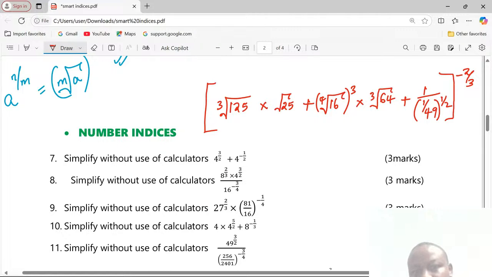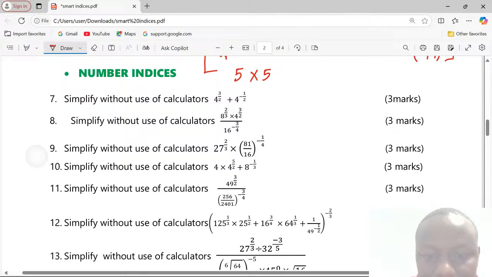I think we can continue interpreting. The third root of 125 is 5, because 5 to the power 3 gives us 125. Then the third root is 5, multiplied by 5 again, the square root of 25.